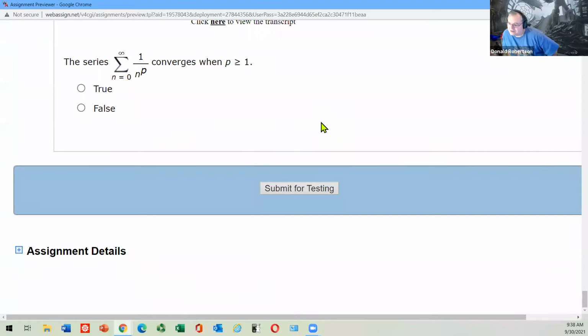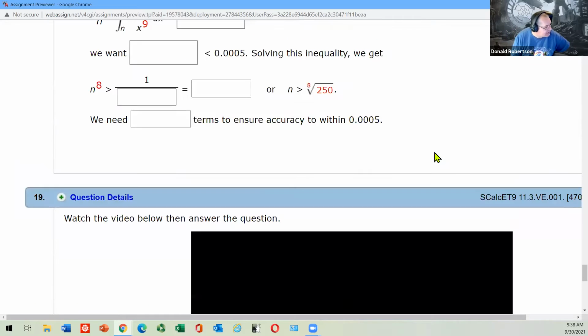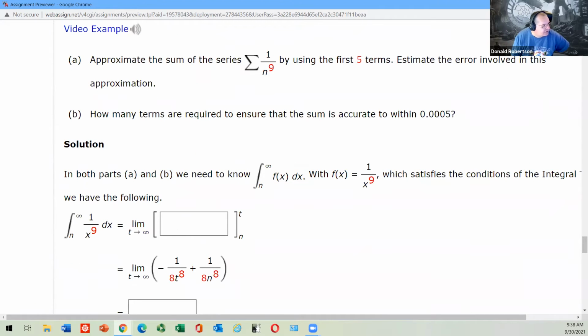So the last 3 questions involve you pretty much watching videos and it tells you what to do. So you can imagine that if it's that difficult, they kind of had to do it. Yeah, I did walk you through the steps. And that is the end of the integral test.